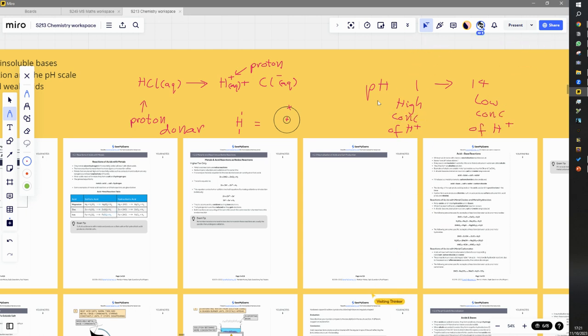So what would I actually have to do if I had an acidic solution? What would I have to do to reduce the number of H+? If I'm putting something in, how can I cause something else to reduce? If an acid donates protons, guess what an alkali does? It receives protons.